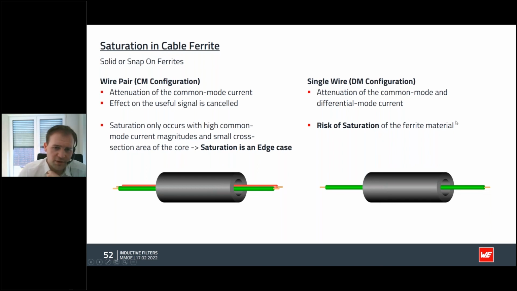For the differential mode configuration, as we see on the right-hand side, there is really a risk of saturation. So while this will work as a filter for the differential mode, if you just put one wire through the ferrite core, the ferrite core again will saturate very quickly. So this is not the intended use case.